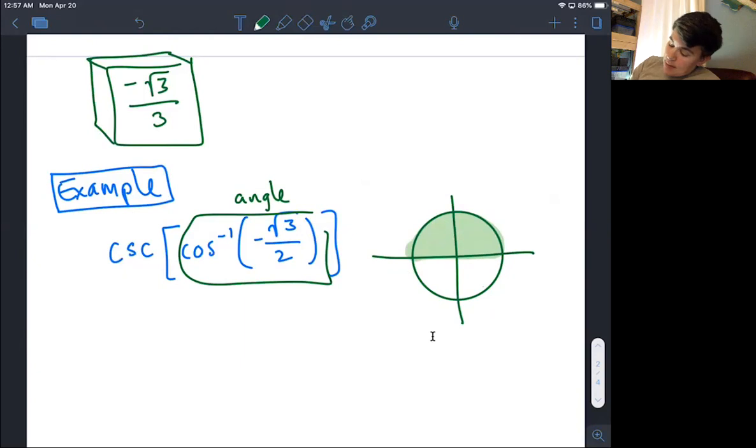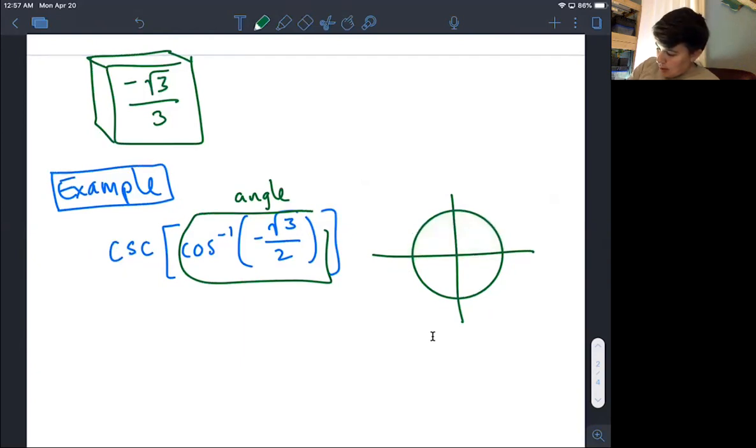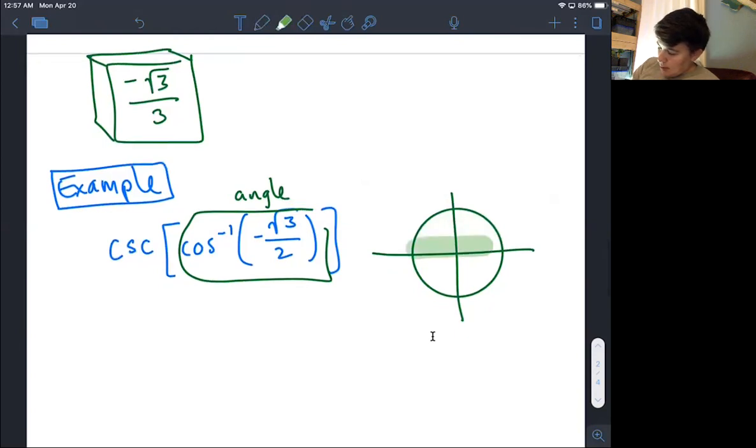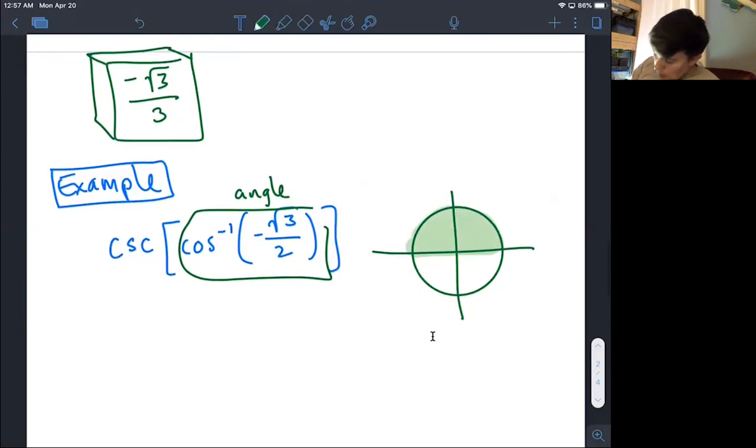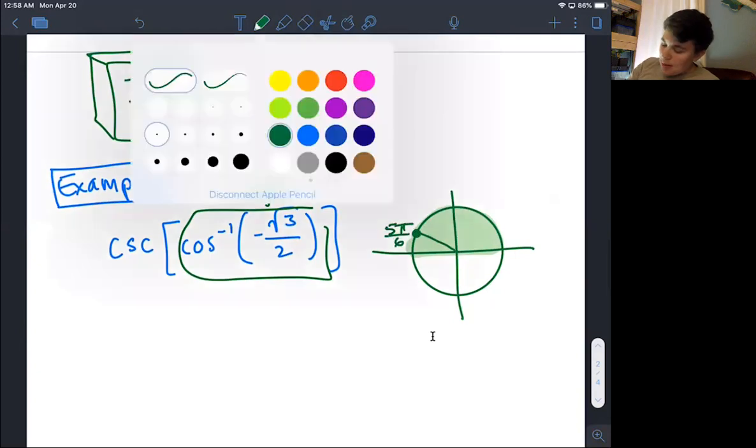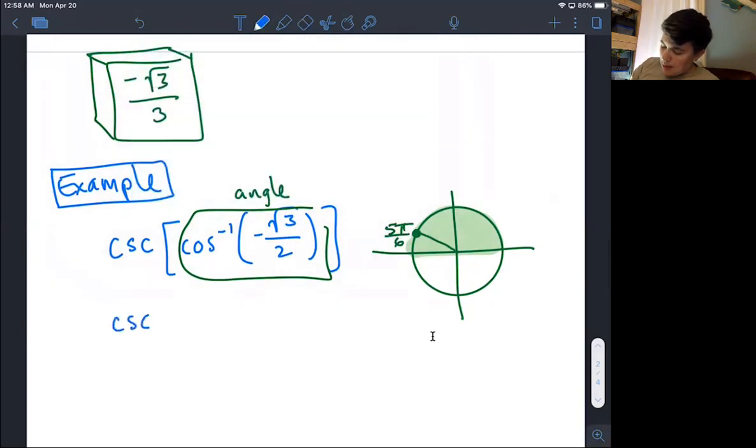So that means my cosine is, oh, let's draw that a little better. Oh golly, I deleted a lot of things. I didn't mean to do that. My cosine is going to be right about there, which is 5 pi over 6. So far, so good. So what I am finding here is the cosecant of 5 pi over 6.